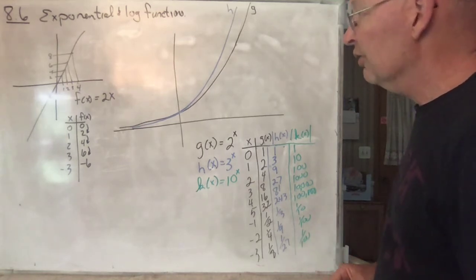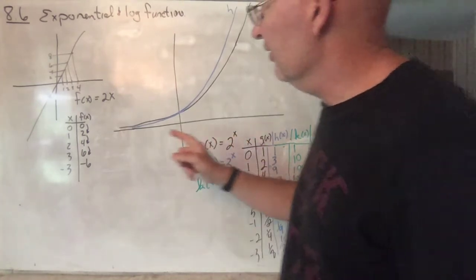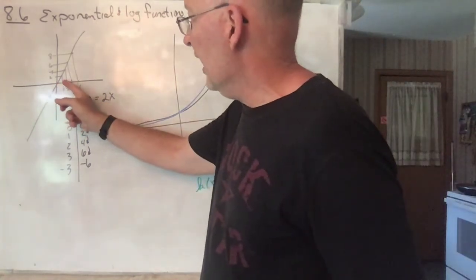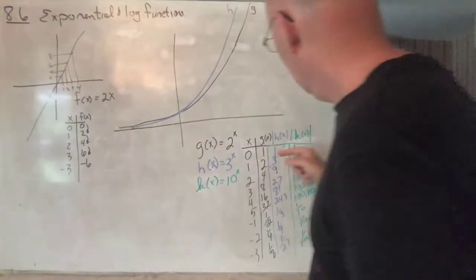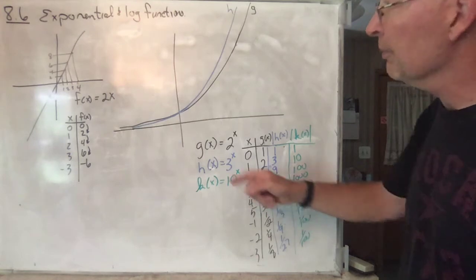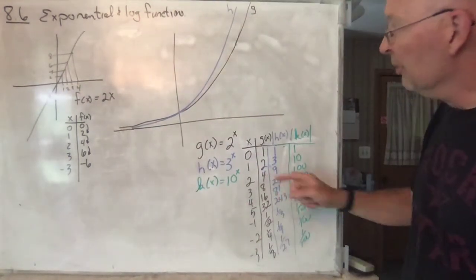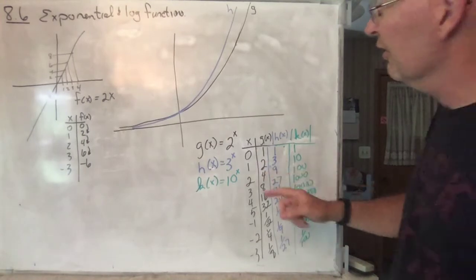So the key thing to notice, going back to 2 to the x as an example, here we added 2 each time. Here, notice we multiplied by 2 each time. See that? So here you're adding 2 to get to the next one. Here you're multiplying by 2 to get to the next one.